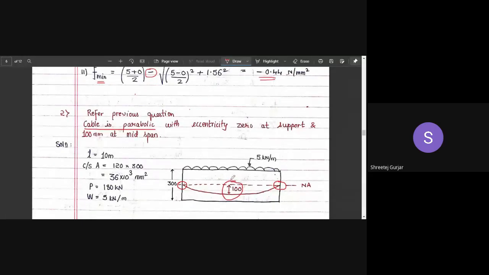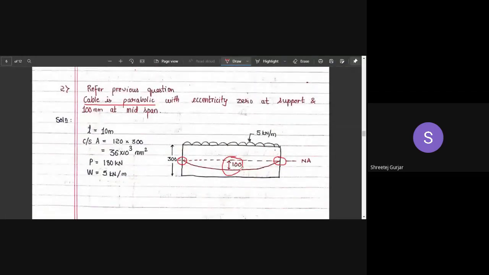The rest of the things are the same: the L, cross section, your P and your W. The beam is the same. The only change is the parabolic eccentricity at the midspan, that is 100 mm.